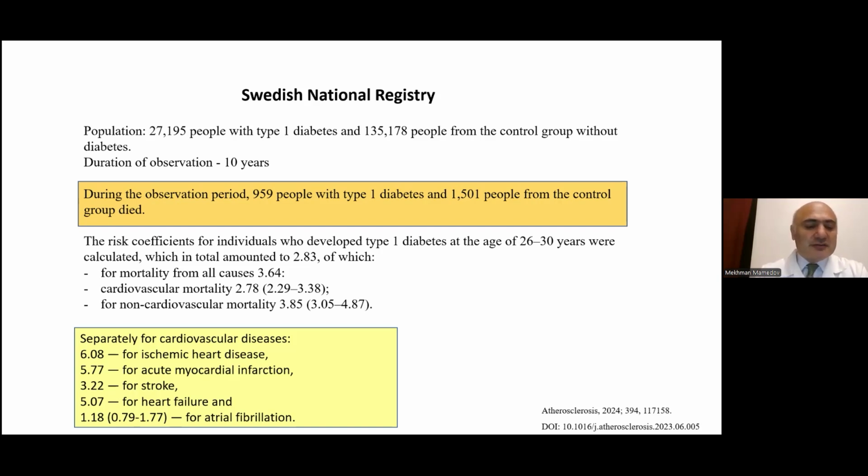Separately calculated were the events for cardiovascular disease: 60 for ischemic heart disease, 5.77 for acute myocardial infarction, 2.22 for stroke, 1 point for heart failure, and 1.18 for atrial fibrillation.